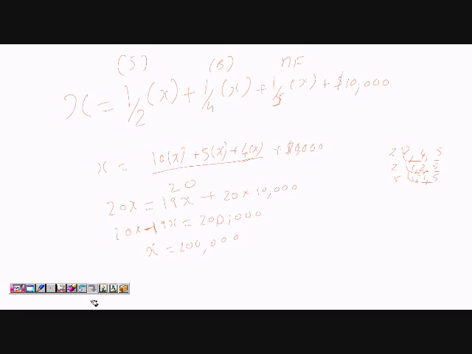Now, how do you know that this answer is correct? One way is to go back and double check the answer. We know that x is $200,000.